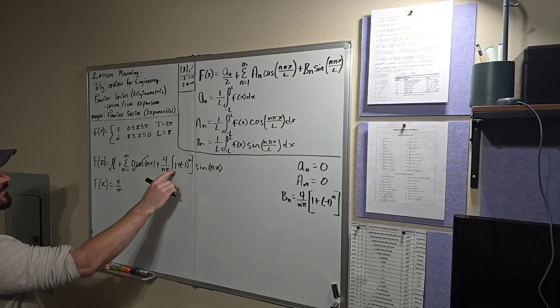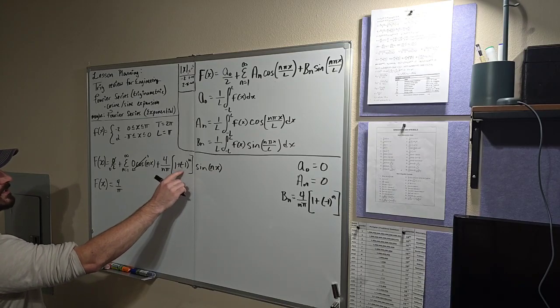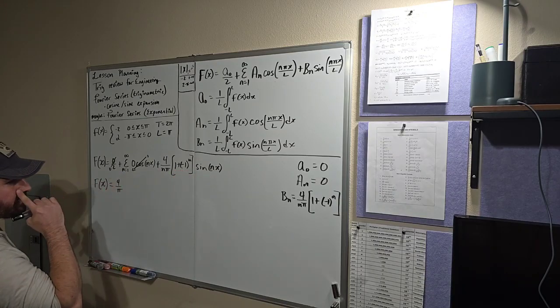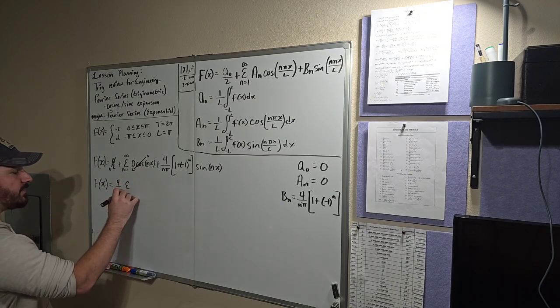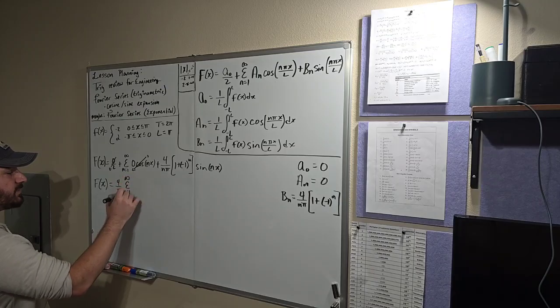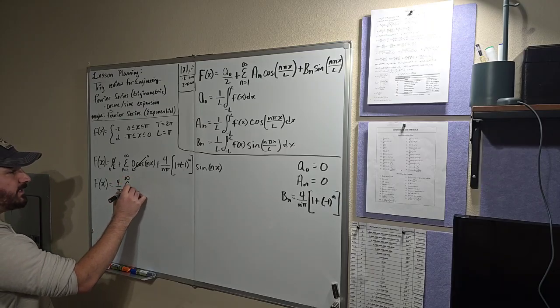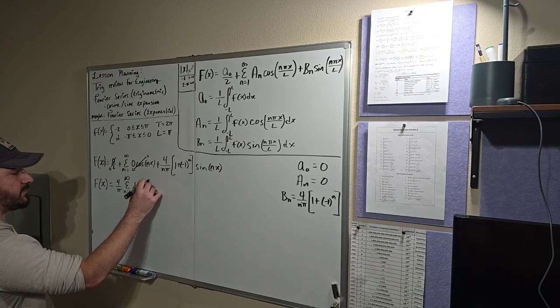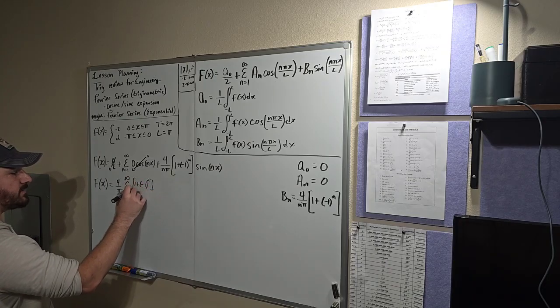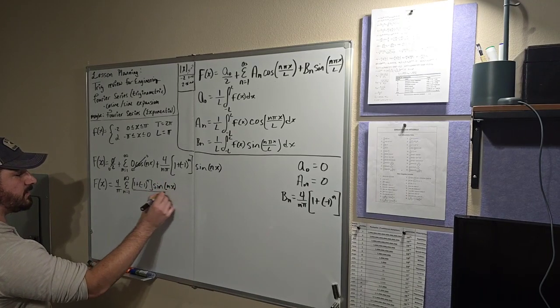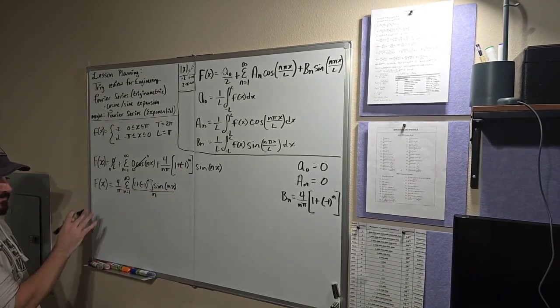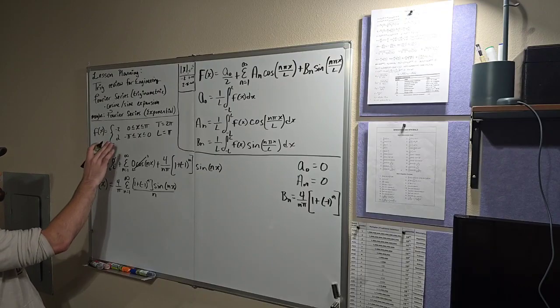And then, unfortunately, since this whole function of 1 plus negative 1 to the n is multiplied by the sine of nx, I can't really do anything there. So that's the only simplification I can really make. So we have the summation from n equals 1 to infinity of 1 plus negative 1 to the n times sine of nx, all divided by n. And that is the Fourier series that goes with this piecewise function.